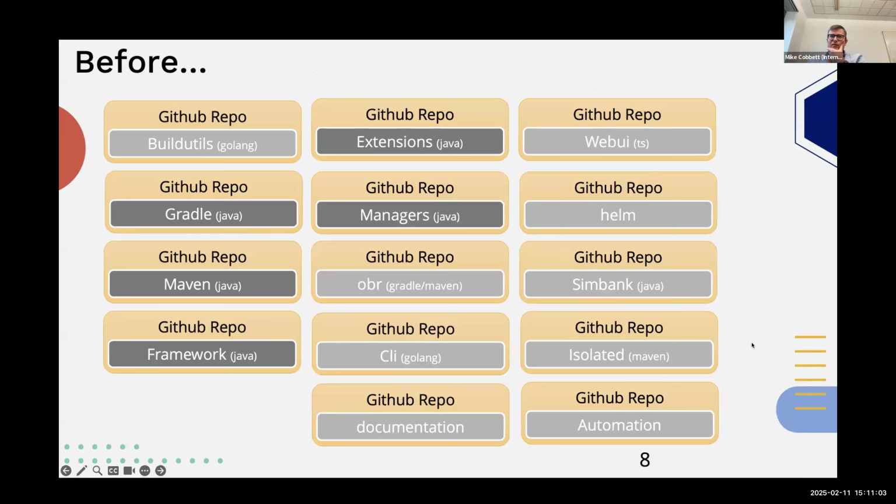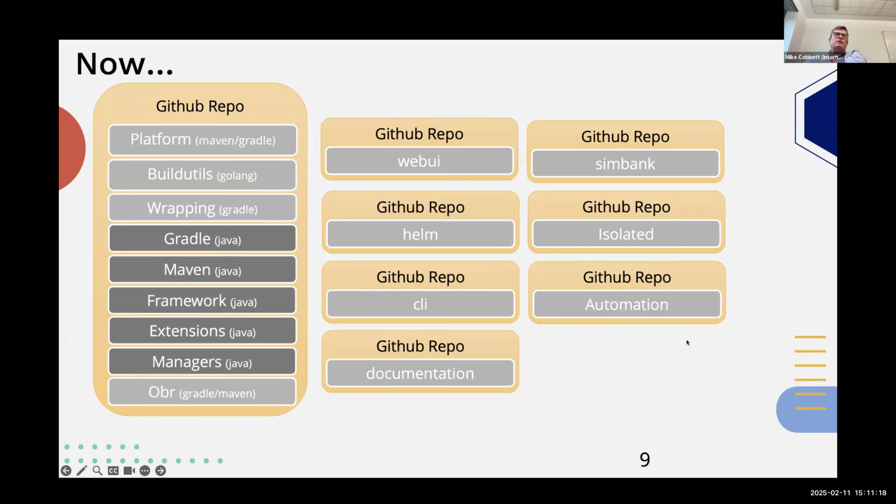Another thing we did was to make the code simpler to contribute to. Before we made the change, we had all these repositories, and after the change, we ended up with one big repository containing all of the Java code and really the core of Galasa.